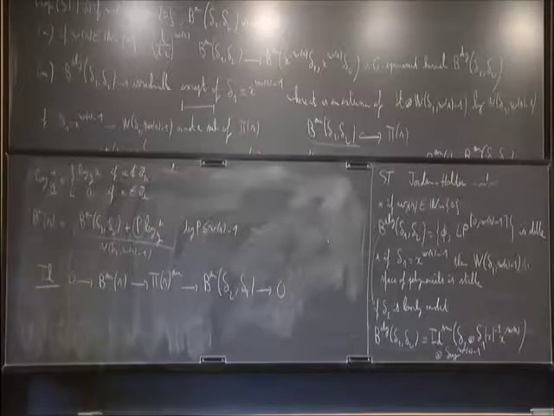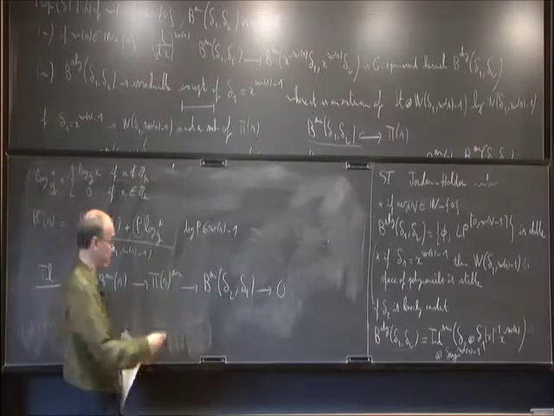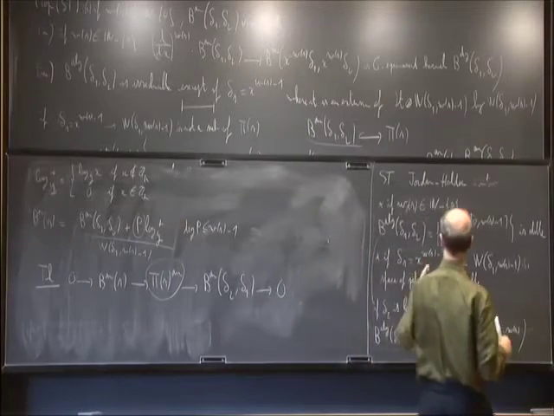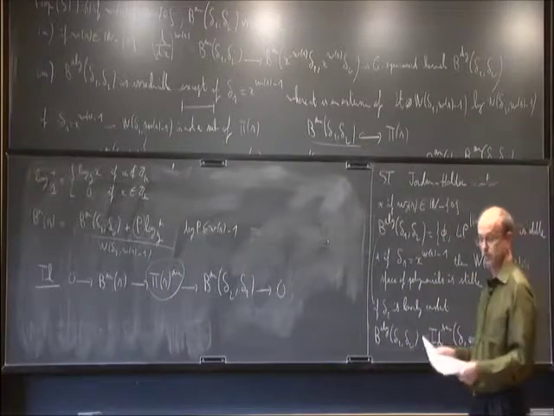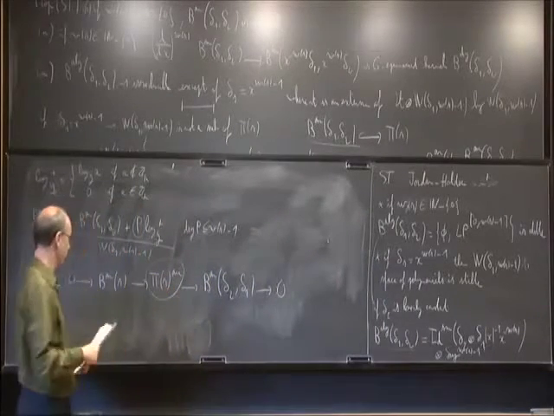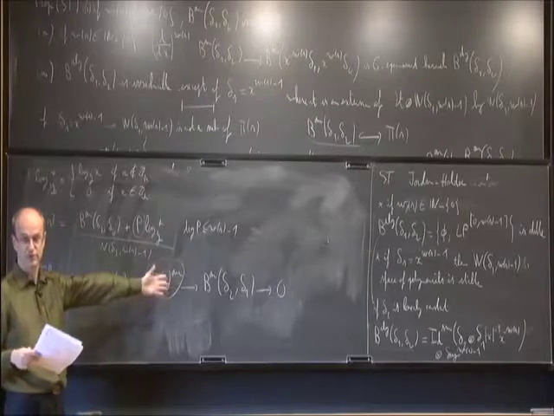So now you know exactly what the Jordan-Hölder constituents of this one are, thanks to Schneider and Teitelbaum. And so you can try to read on these Jordan-Hölder constituents what are going to be the locally algebraic vectors of this representation. Okay.